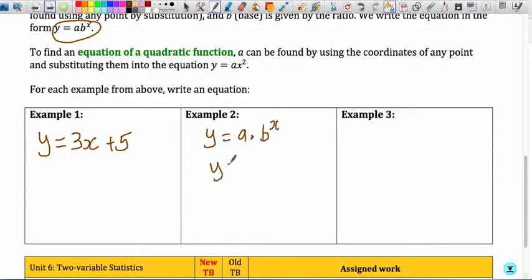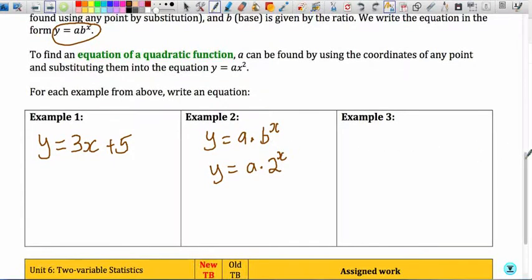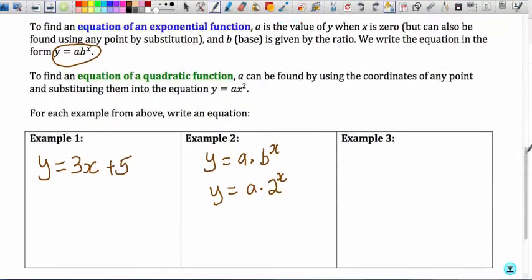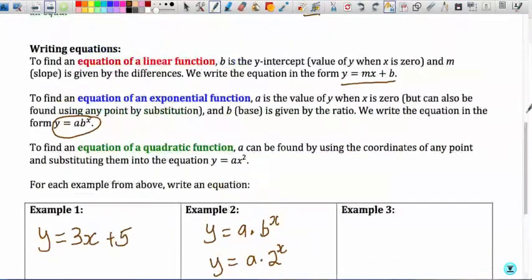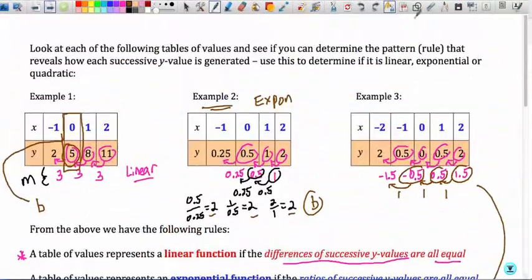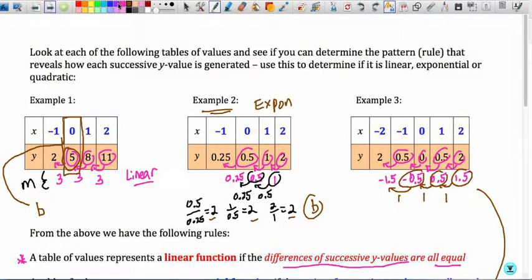What we've determined already is that b in this case is 2, and in order to determine the value of a, we can, as is often the case, and we could have in fact done with the first one, select a point from the table of values and substitute it into that equation.